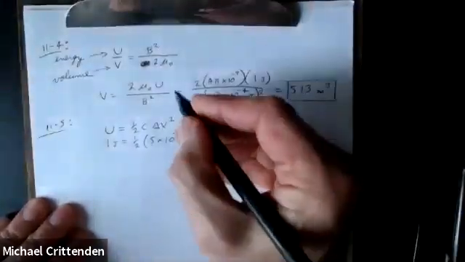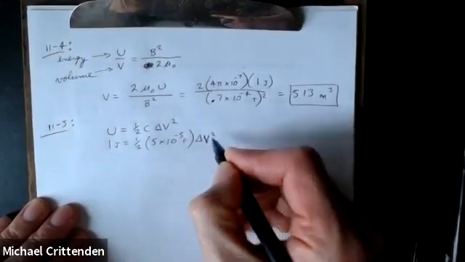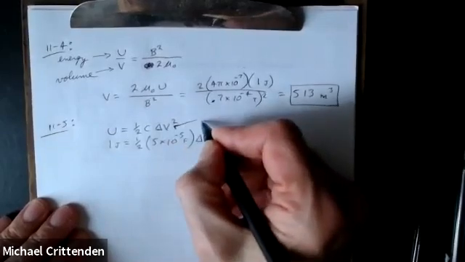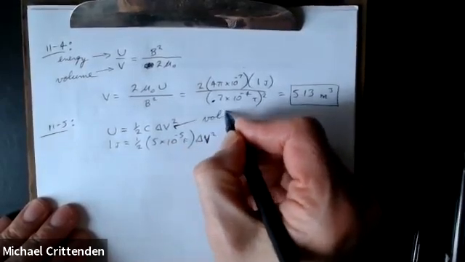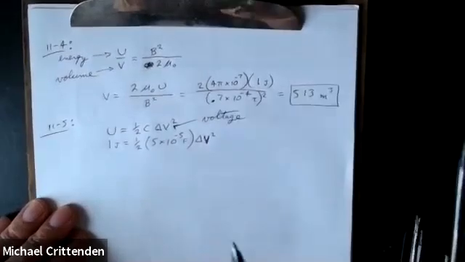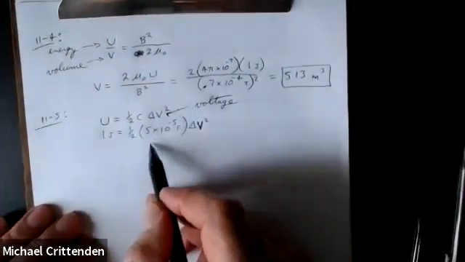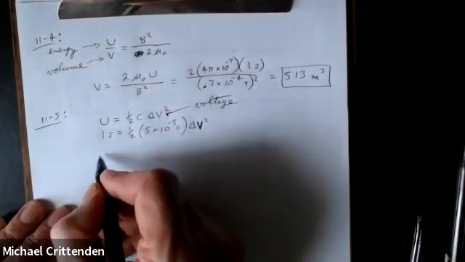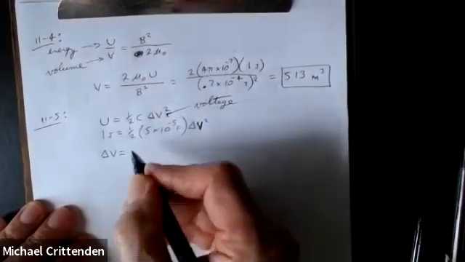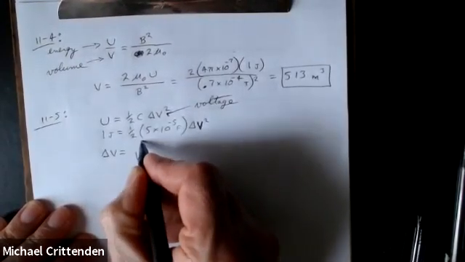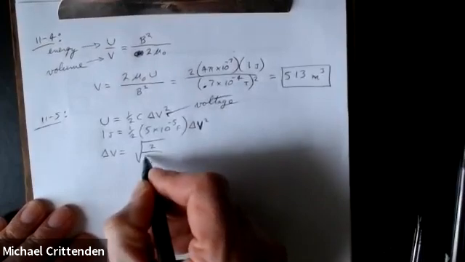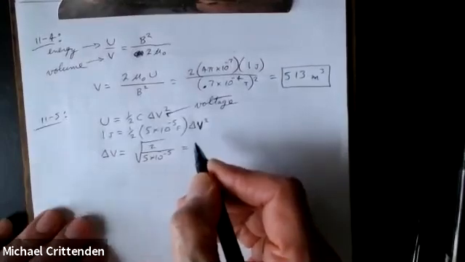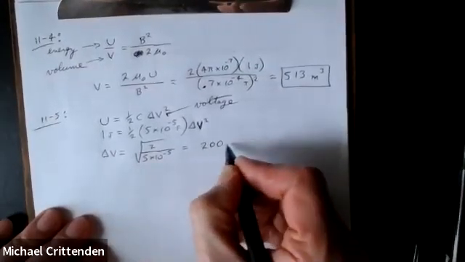And I suppose with all these V's floating around, I should probably carefully label that now I'm talking about voltage. So both sides times 2, both sides divided by that, take the square root. 200 volts.